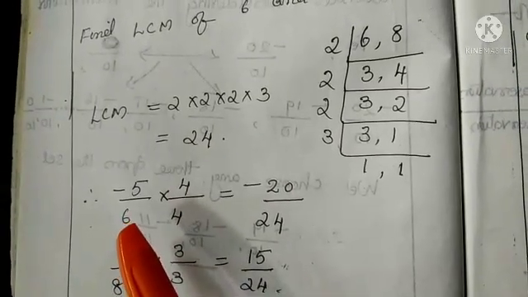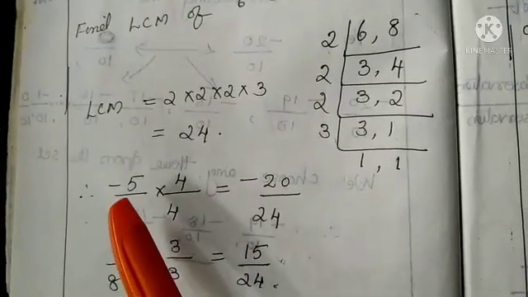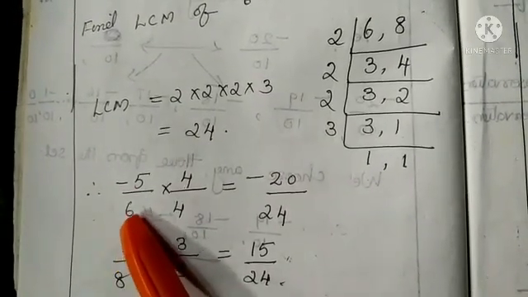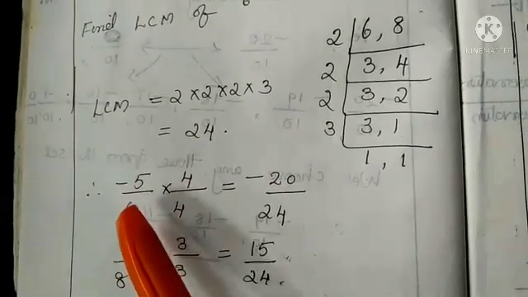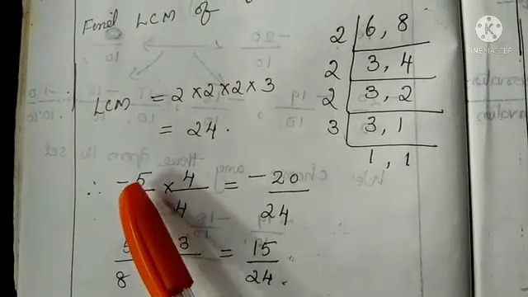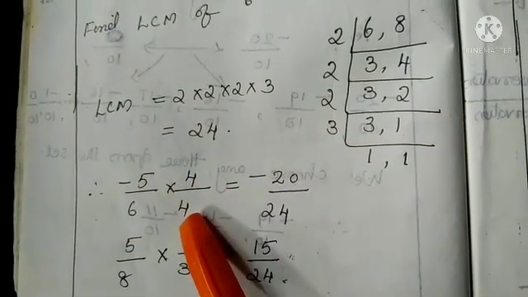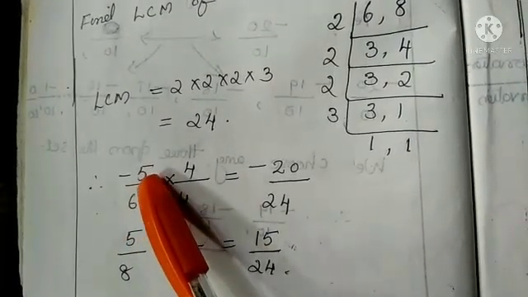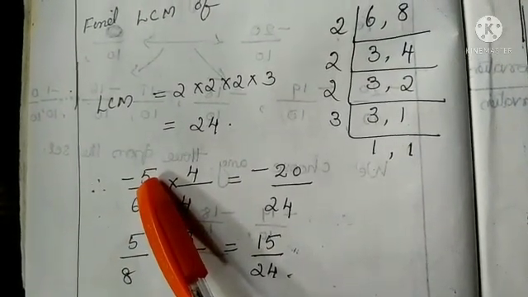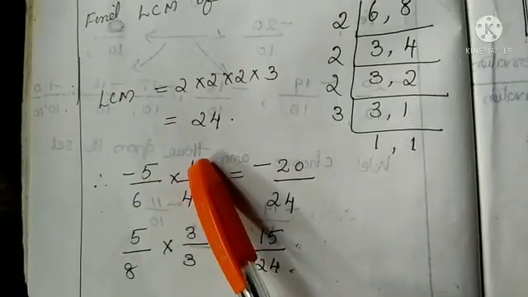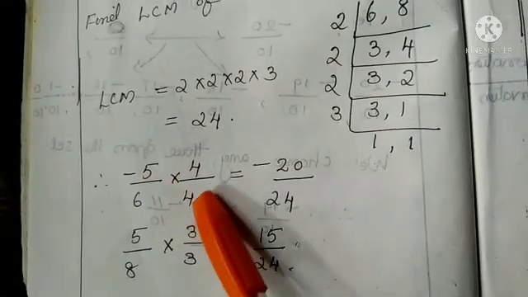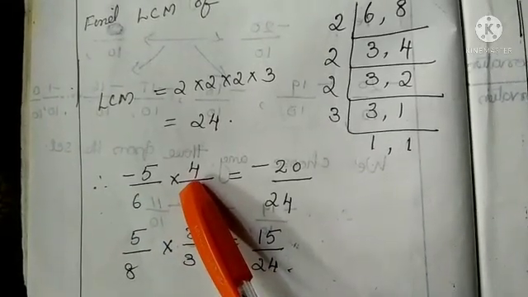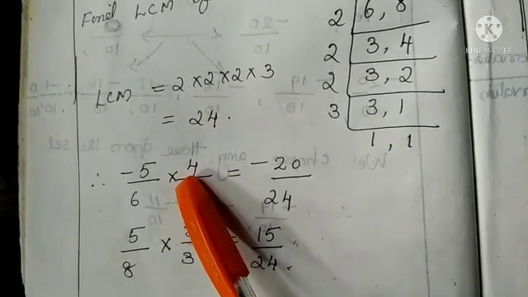Then the first rational number was negative 5 by 6. To make 6 into 24, what do we have to do? Multiply with 4. We multiply by 4 by 4, because whatever operation we do with the denominator must be done with the numerator also. Negative 5 by 6 into 4 by 4, because 4 by 4 is 1, so actually we are multiplying by 1 and the value is not changing.